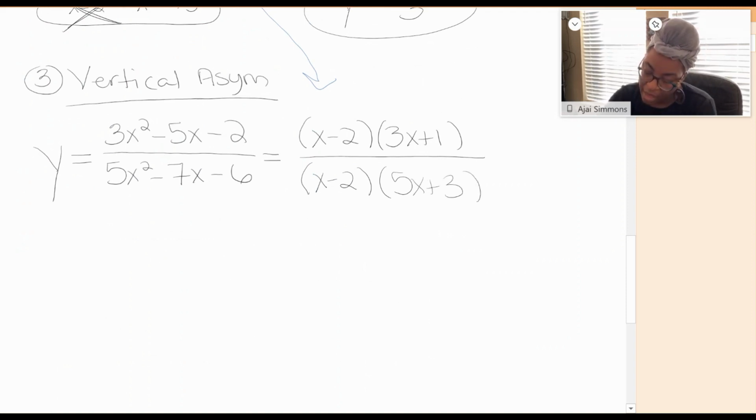Okay. Now, if you see anything that looks the same on the top and bottom, you got to cross them out. And when you factor the top and factor the bottom, that's exactly what you see. You see something that looks the same on the top and bottom, so you cross those out. Once you cross those out, you set your denominator equal to 0.